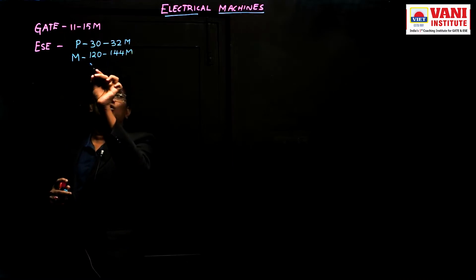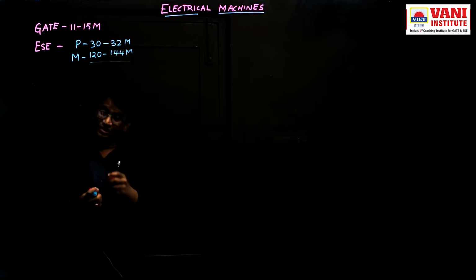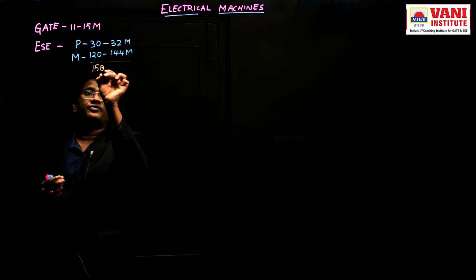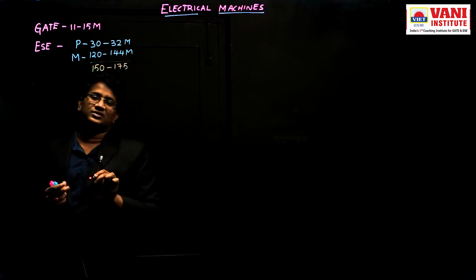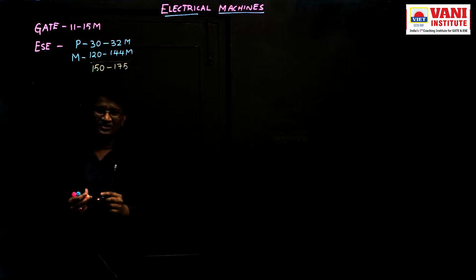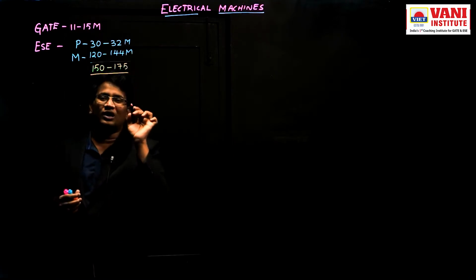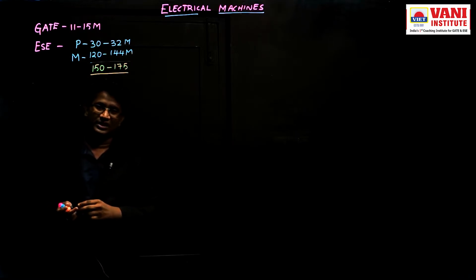Together, if you expect from electrical machines, the range is about 150 to, on an average, 175 marks. Do you think it is a very small number? No, it's a very big number, which helps you a lot when you want to clear the engineering services examination.